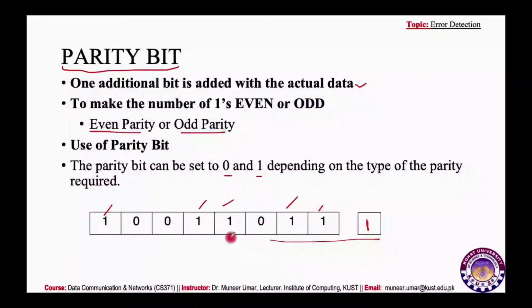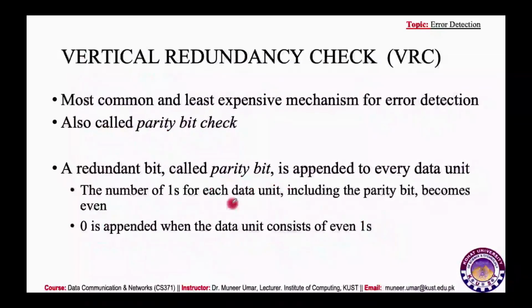Now here we would have an even number of ones for even parity, and if we need odd parity, in that case we must provide 0 here so that the number of ones in this entire block, data plus parity bit, must be odd.